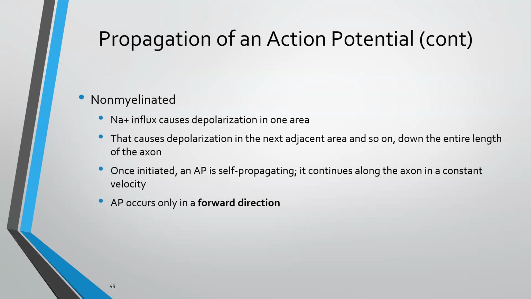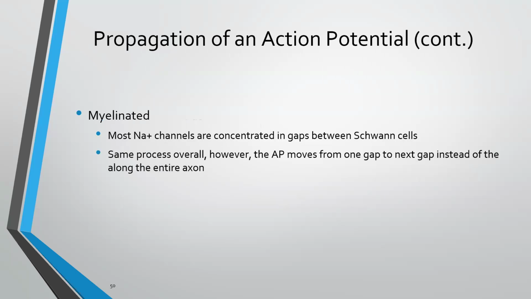And once it's initiated, the action potential is self-propagating and it continues along the axon in a consistent fashion. And it only occurs in one direction, which is the forward direction.